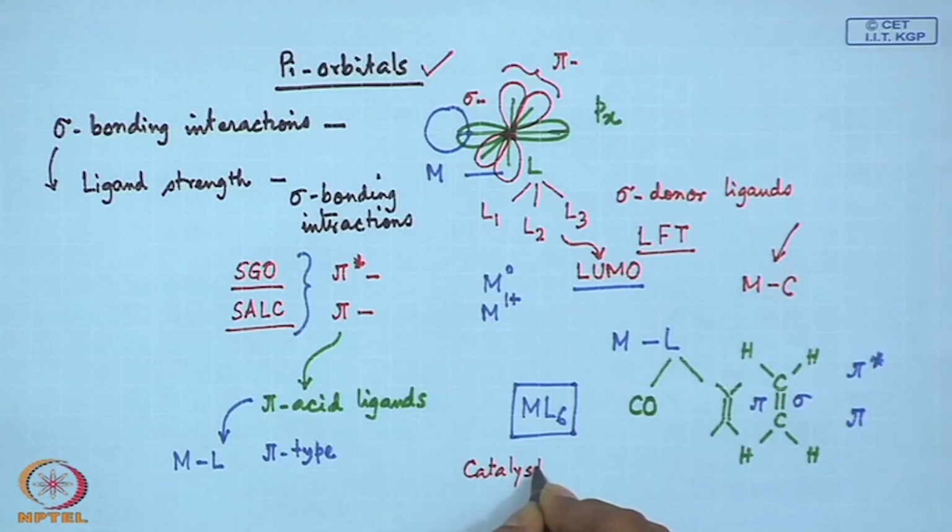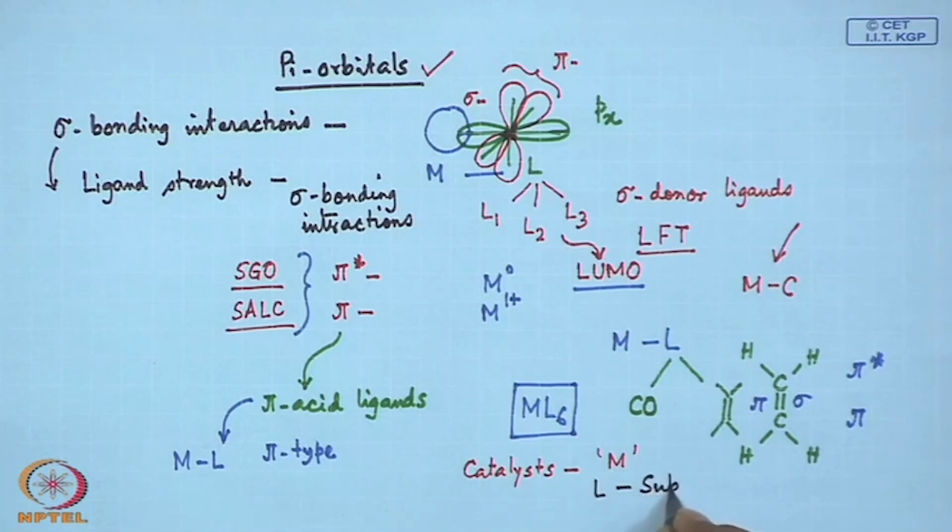So, we have the catalyst, and if it is a metal based catalyst, and we have the corresponding substrate, we can consider the substrate as the corresponding ligand. The metal complex can function as a catalyst with some other ligand L, which can also function as the substrate.